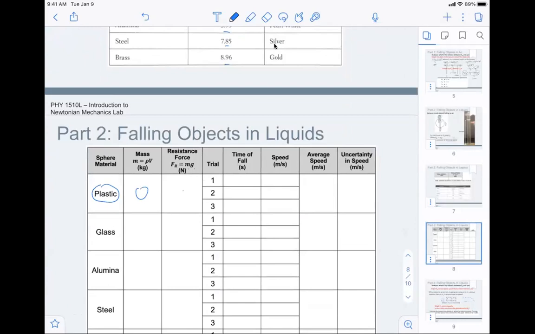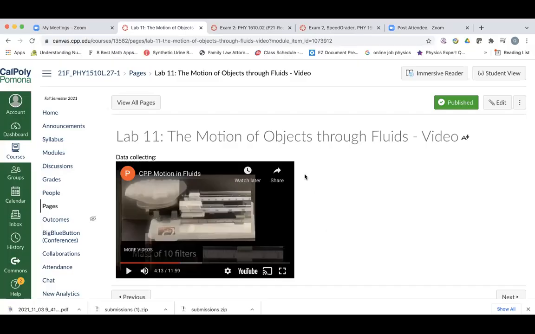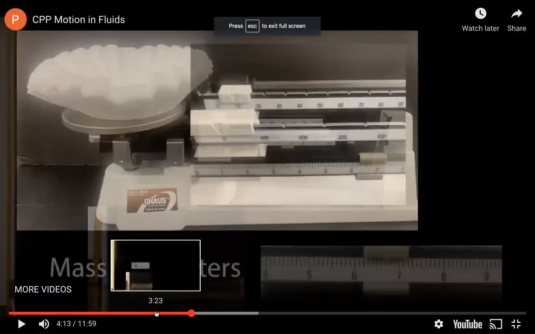That is your Y value, and the velocity will be your X value, and you plot Y versus X. Timing this is much easier because it travels so much slower in the oil. The idea is the same as before.